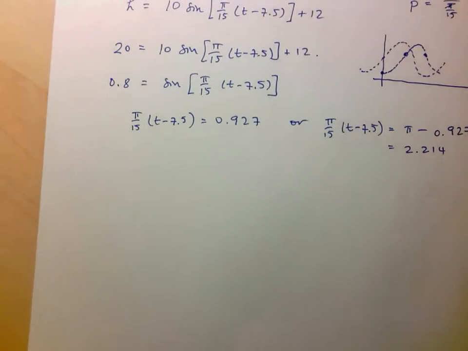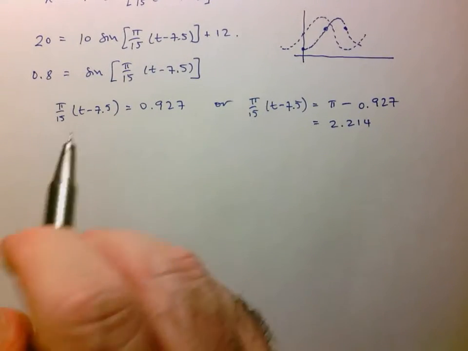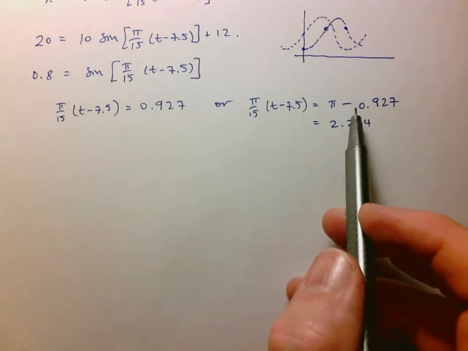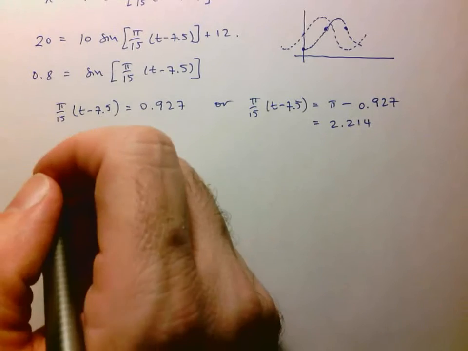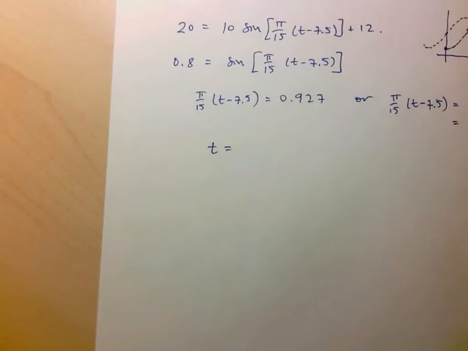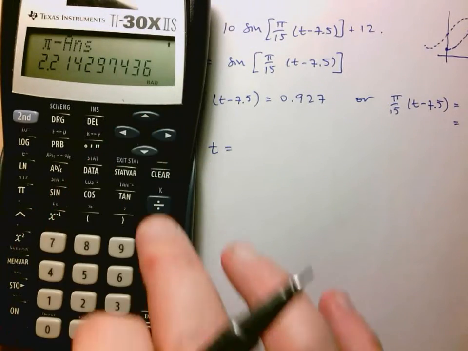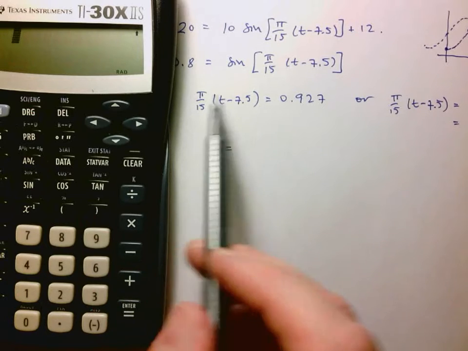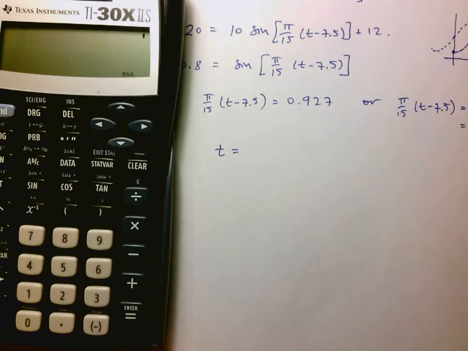Okay, so now that I've used my inverse trig button and my related angle identity, I can now solve for t in each of these circumstances. So t is equal to, actually I need my calculator again. So notice the brackets. First I'm going to have to divide this to the other side and then add 7.5.